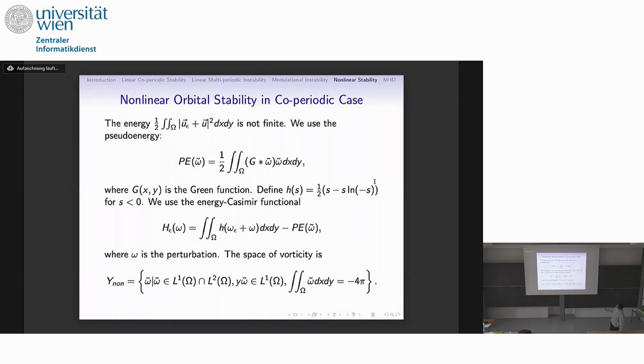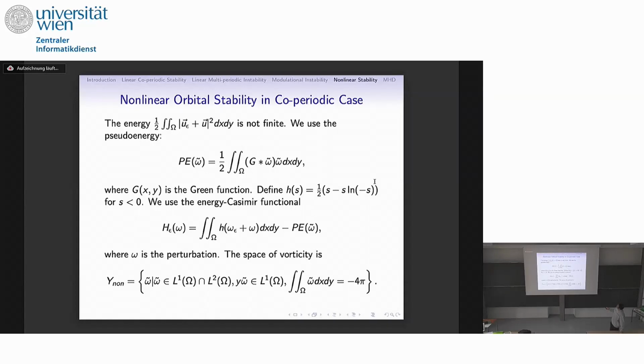Here we first write down a Green function. Maybe we didn't write it here, but the Green function is actually quite similar to the stream function.